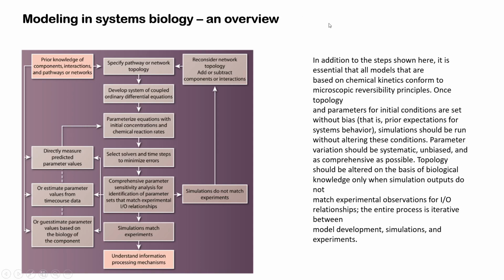So this is an overview, and in addition to these steps, you have to be careful that your models are based on chemical kinetics that conform to microscopic reversibility principles.